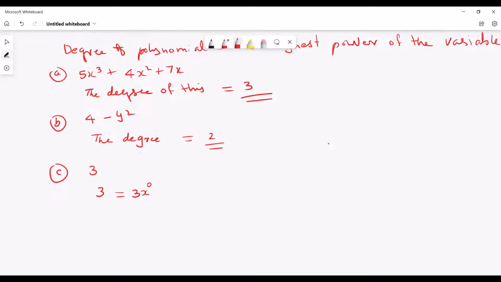X raised to 0, or 0 as the power of any variable, the answer will be 1 only. X raised to 0 is equal to 1 only. So 1 into 3 is 3 only. That's why it is given as only 3. So 3x raised to 0, so the degree is 0 here.